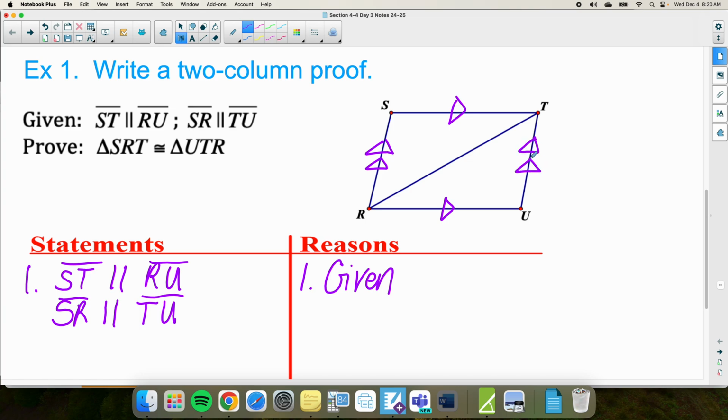All right. Now, what did we talk about? When you have parallel lines, what kind of angles are we looking for? Alternate interior, correct? So if these two are parallel, that makes this angle congruent to that angle.